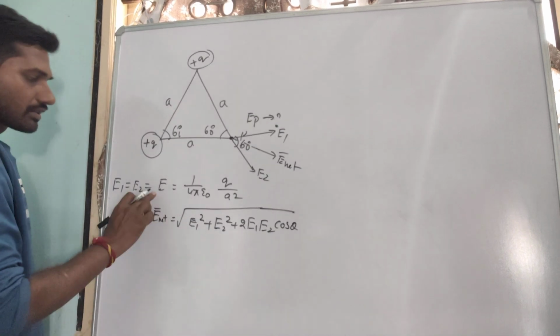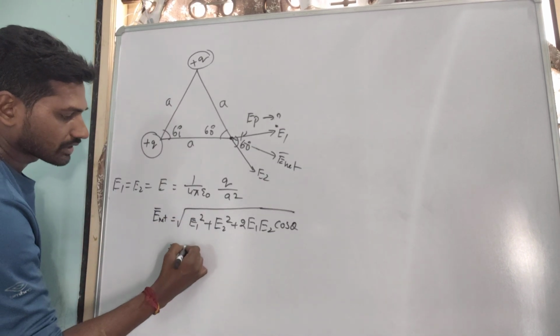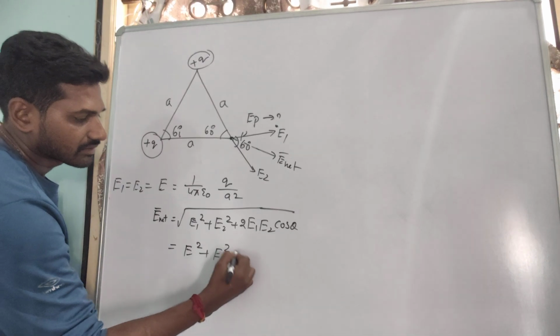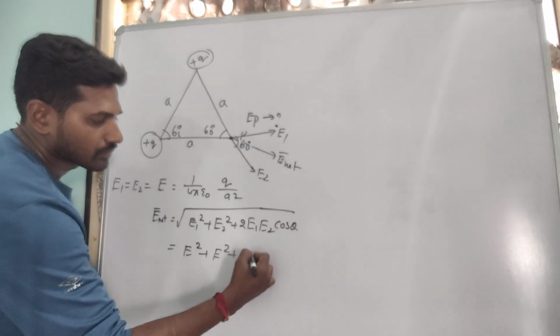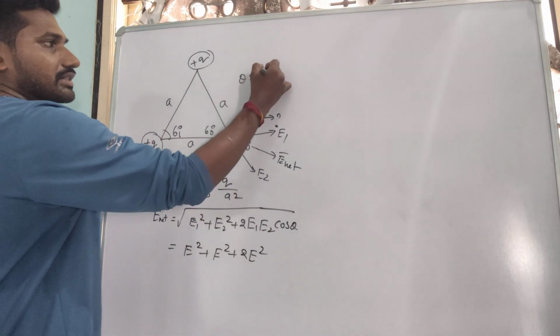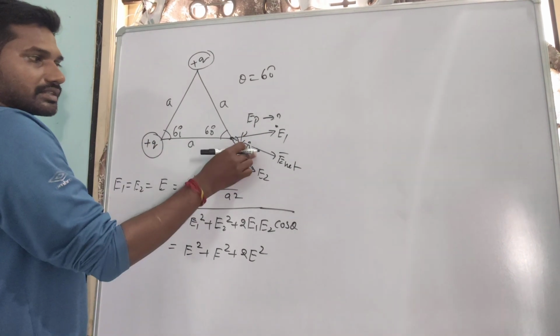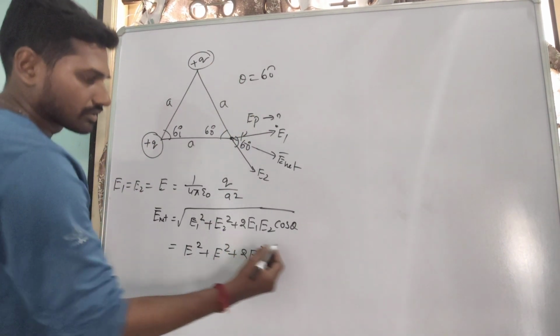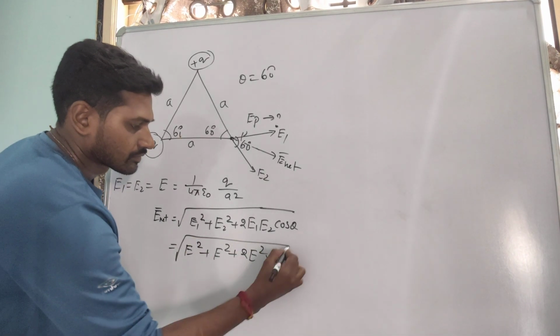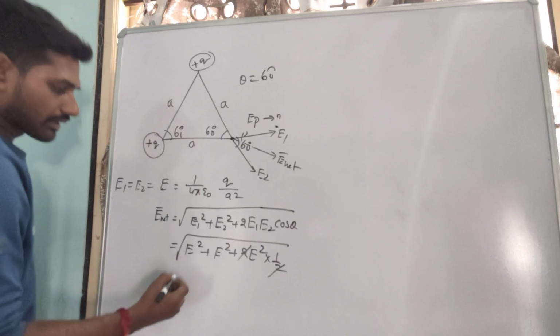Anyway. So E1 is equal to E2 is equal to E. Substitute here: E square plus E square plus 2E into E, 2E square cos theta, where theta is 60 degrees. Cos 60 is 1 by 2, the 2 gets cancelled. Then what remains?